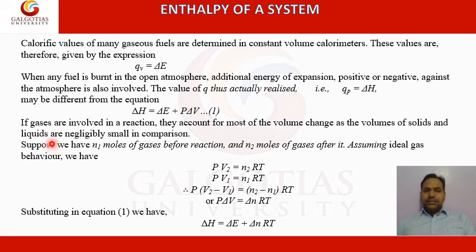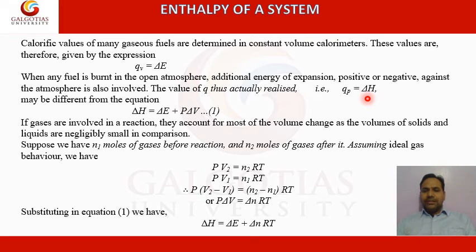If gases are involved in a reaction, they account for most of the volume change, as the volumes of solids and liquids are negligibly small in comparison. We have n1 moles of gases before the reaction and n2 moles of gases after it.